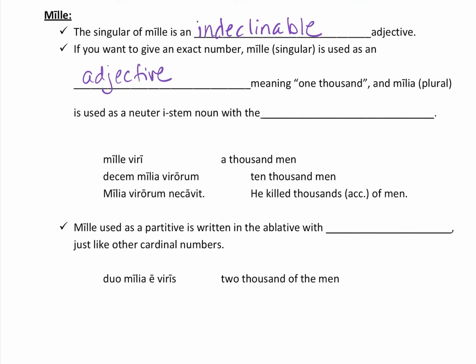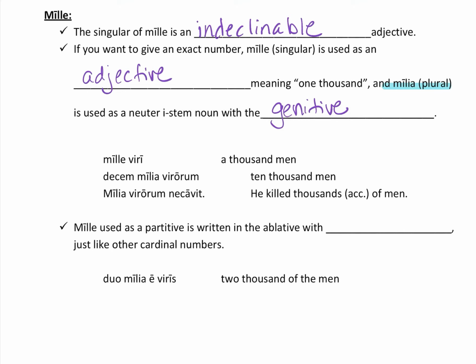And millia, plural, is used as a neuter i-stem noun with the genitive. So make sure you're using your notes here and you're writing them down, because as you write them down, you're going to remember so much more than just seeing me do it and hearing me do it. But if you write this down, then you've got your notes to look back at when you're doing your homework and when you see these constructions.